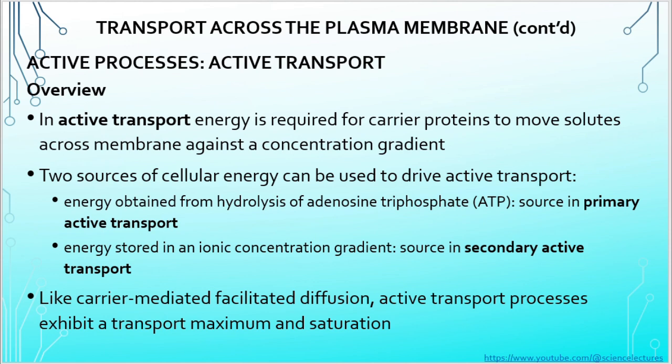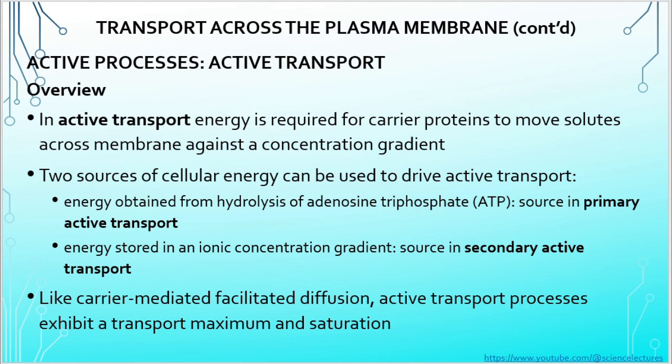So, having looked at diffusion and its three types, we now look at the active processes of transport across the membrane, starting with active transport. Now, remember that there are some polar or charged solutes that must enter body cells and yet cannot cross the plasma membrane through any form of passive transport because they would need to move uphill against their concentration gradients.